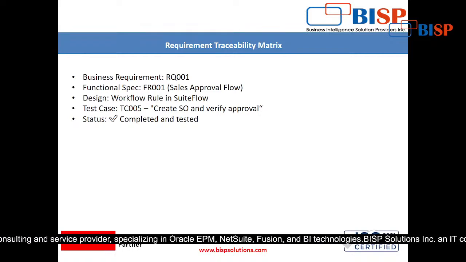Now in design, you will see workflow rules in SuiteFlow, then test case TC005, creates SO and verify approval. Functional specification is FR001. Now see, RQ001, functional requirement is FR001, test case is TC005, after that status is completed and tested. That's it.